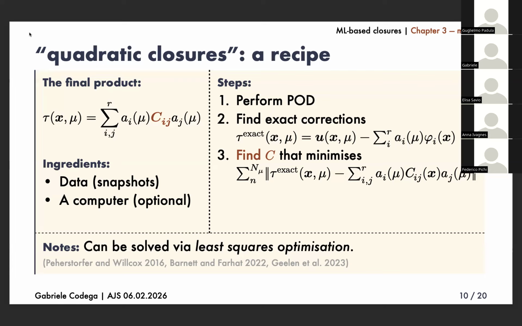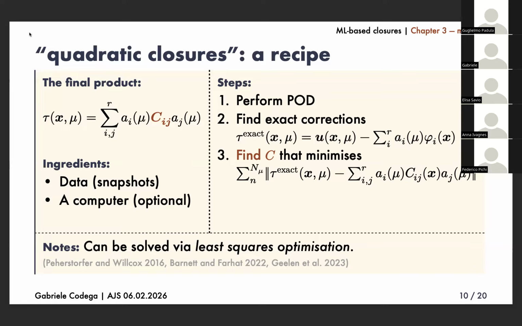First things first, you need to perform POD. That's easy. That's already something very well understood. And once you've done your POD, basically you have this linear summation, right? You find the modes phi and the respective coefficients a. And then at this point, you can compute your exact correction.